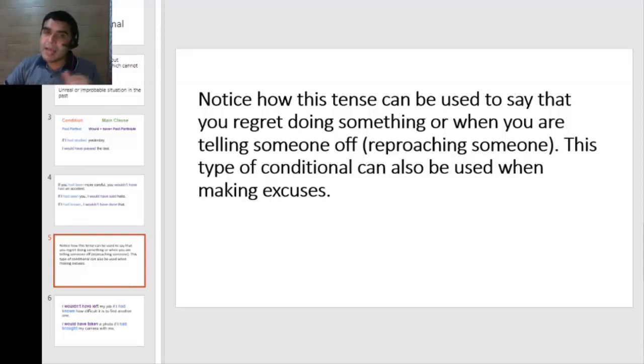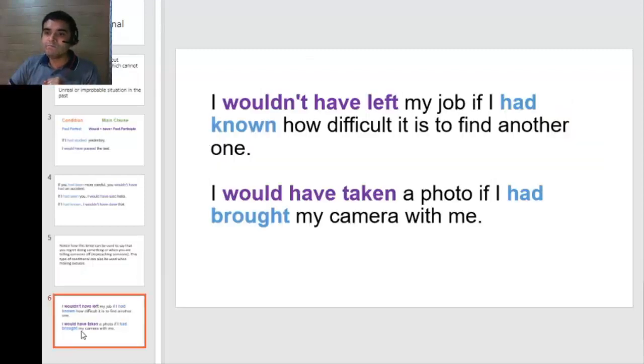And as always, remember conditional sentences can be switched, right? The if clause and the main clause can be placed in different positions. Look at this. I say, I wouldn't have left, right? So in this case, the result is at the beginning and the if clause goes later. I wouldn't have left my job if I had known how difficult it is to find another one.